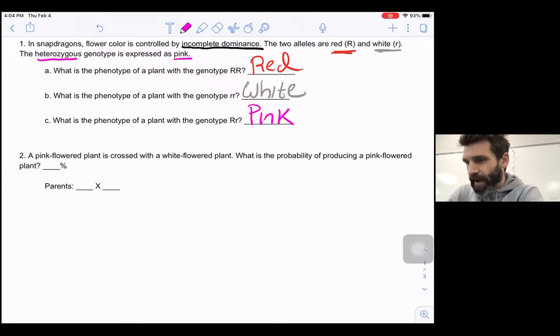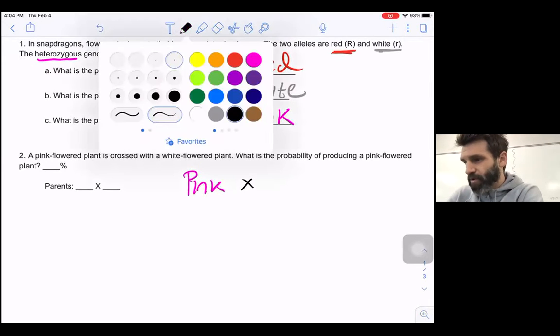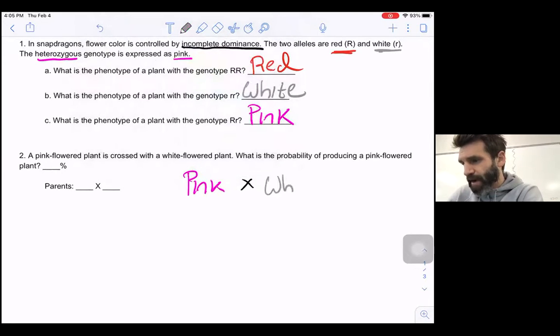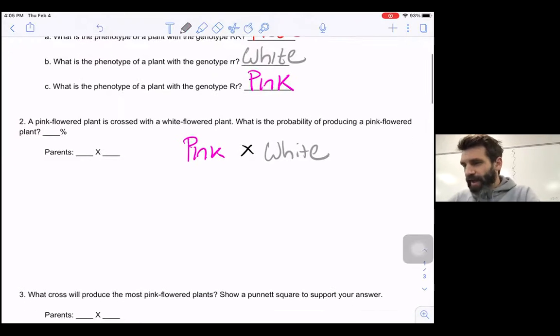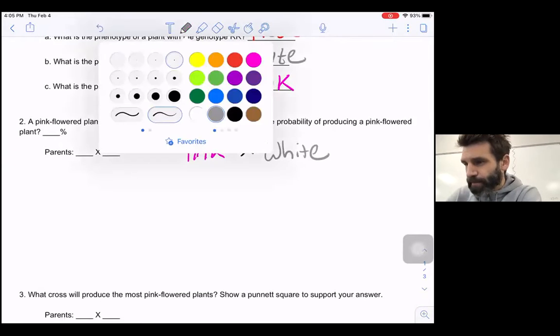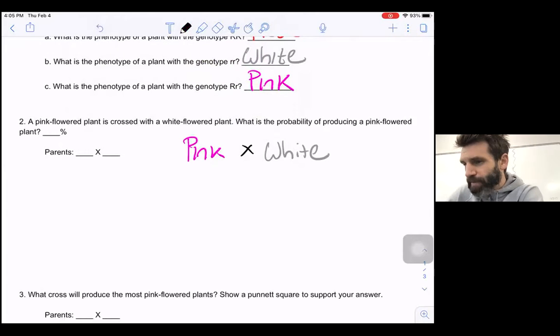Okay. A pink flower is crossed with a white flower. So I have a pink flower. Pink flower is crossed with a white flower. Okay. And so we know that this genotype will be, what is the probability of producing a pink flowered plant?